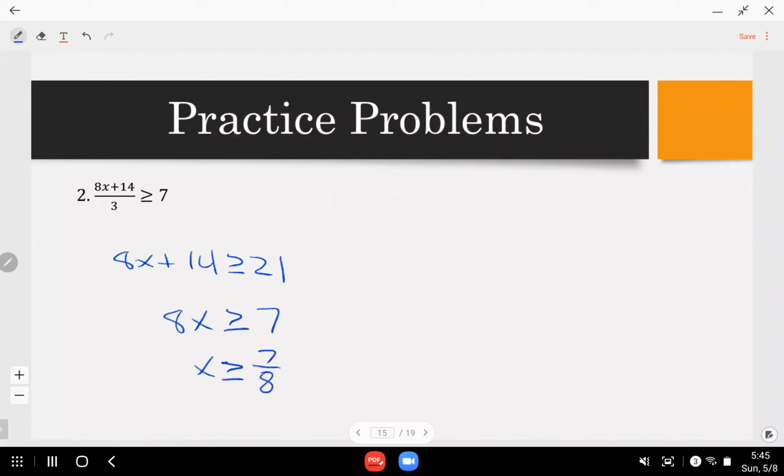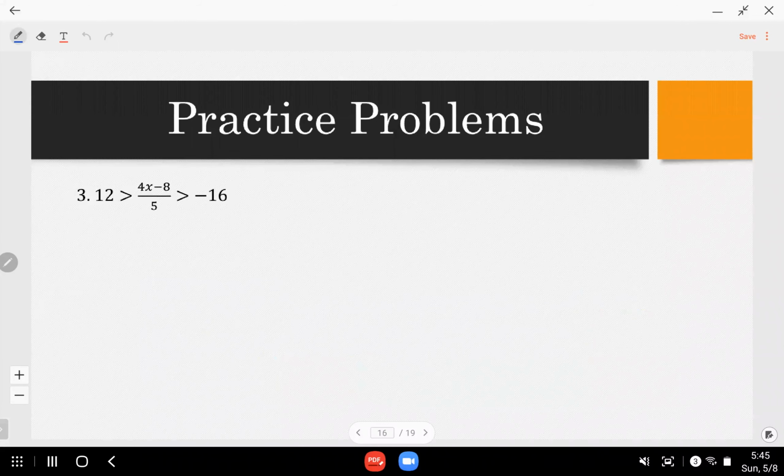All right, that is correct. And we put it into interval notation like that. All right, good.